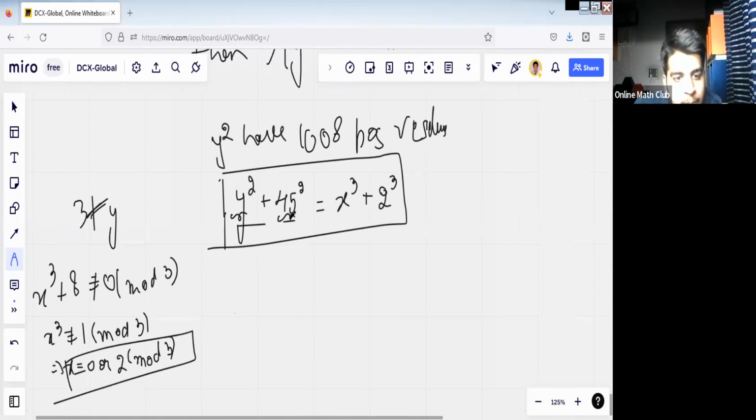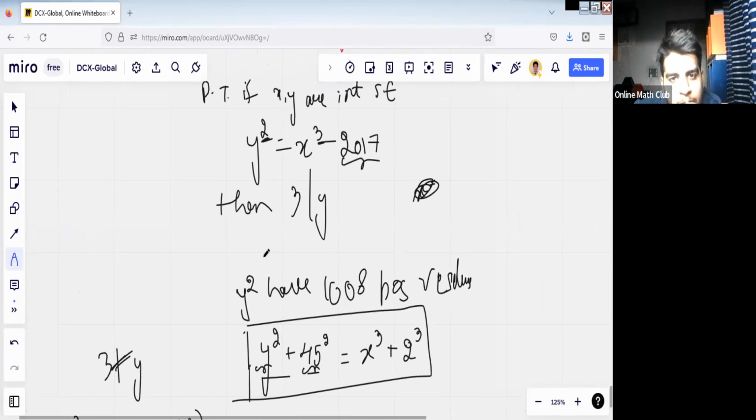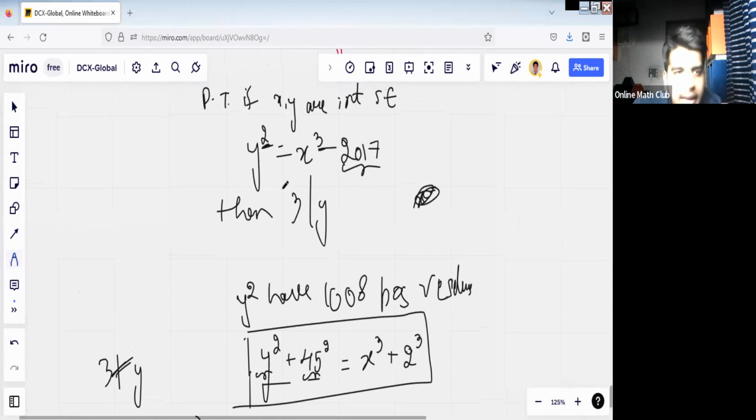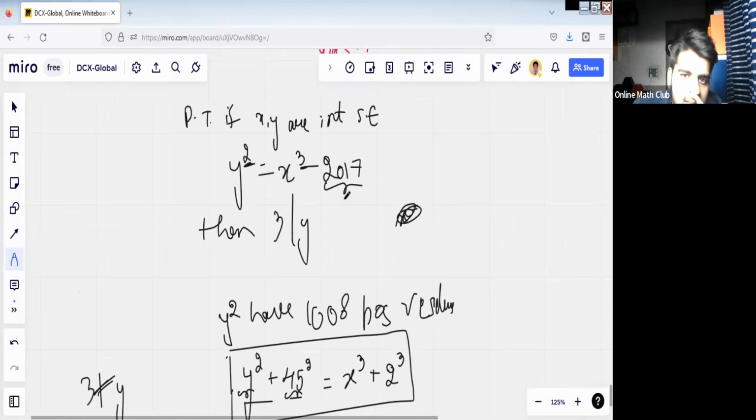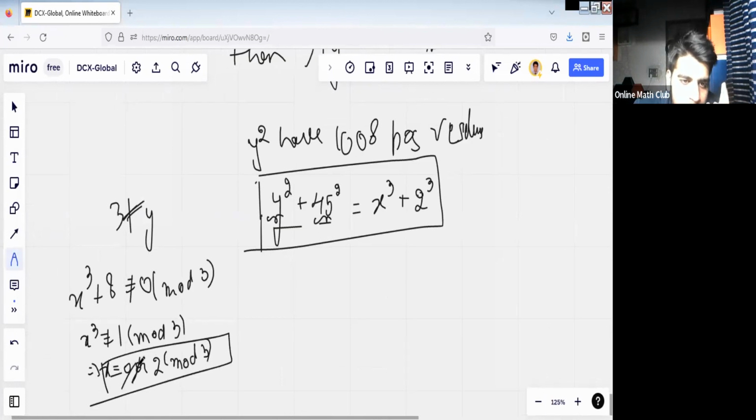Okay, the thing is, what you do is a square plus b square, why can't it be 0? Yeah, if x is 0 mod 3, then y square will be 2 mod 3, which is a contradiction. So x should be 2 mod 3.